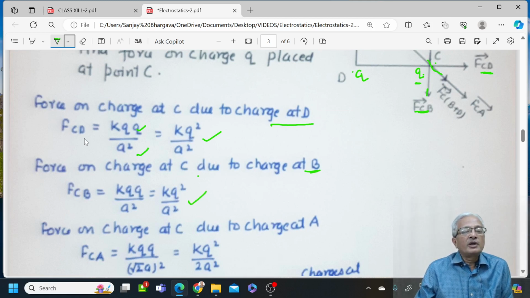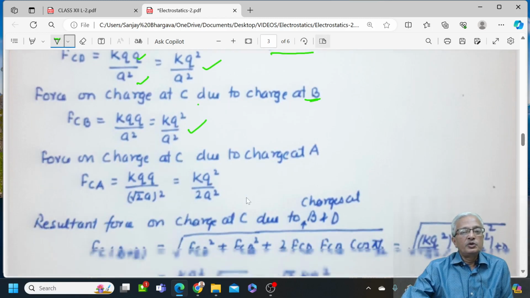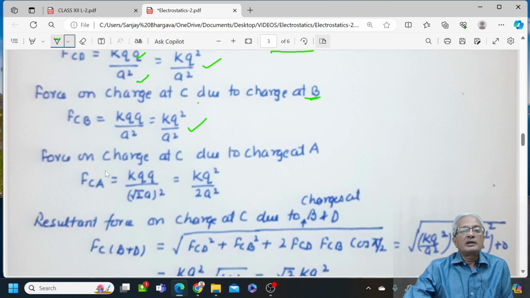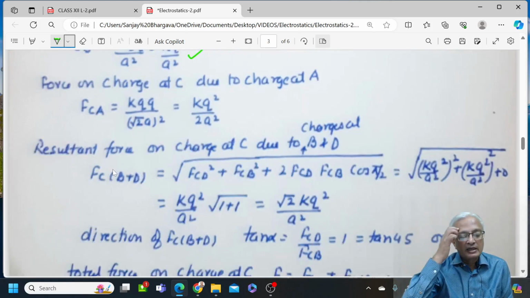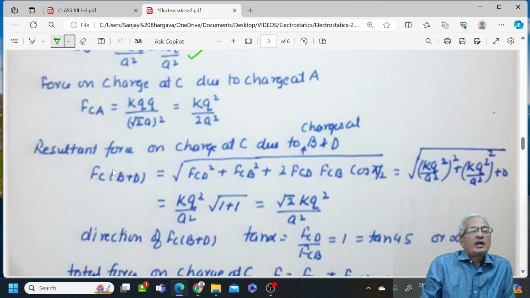Then I need to calculate the force on charge C due to charge placed at point A, which is diagonally opposite to the point C. So for the diagonal, the length is root 2 a. So kQQ upon (root 2 a) whole square. So that gives me kQ square upon 2a square.